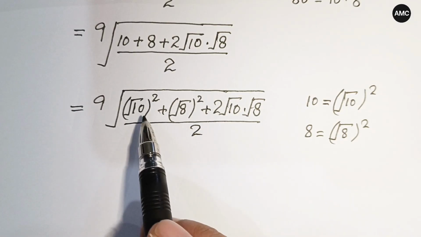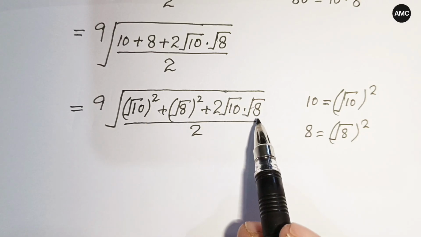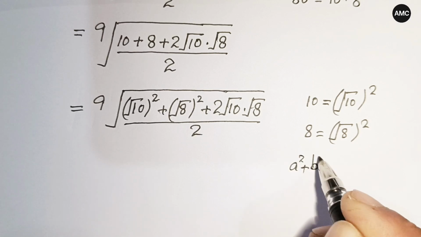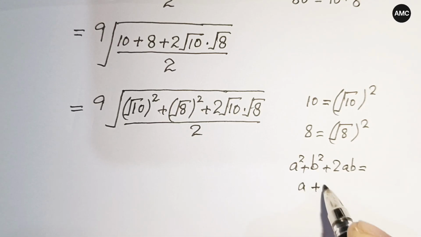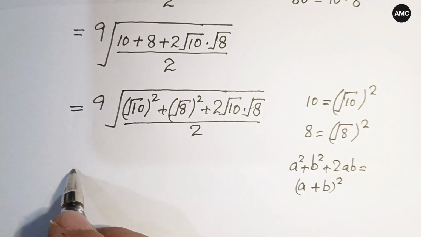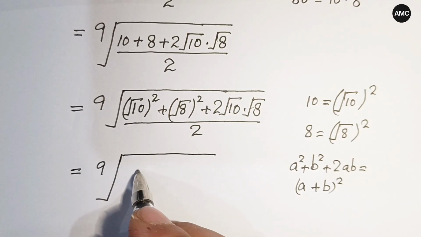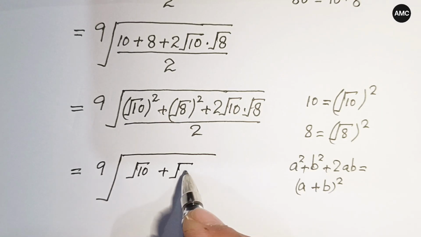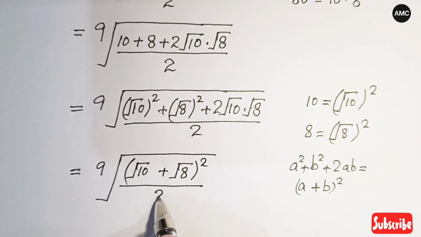Now here we see that it is actually a squared plus b squared plus 2 times a times b, so it is a perfect square, as we know that a squared plus b squared plus 2 times a times b is equal to a plus b whole squared. Now our numerator will be 9 times, that is square root of 10, it is our a, and plus square root of 8, it is our b, whole squared all over 2.